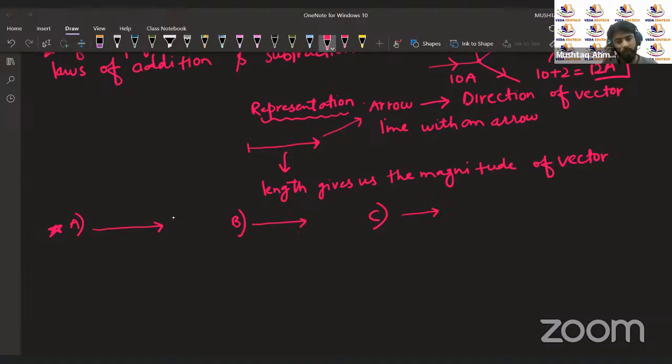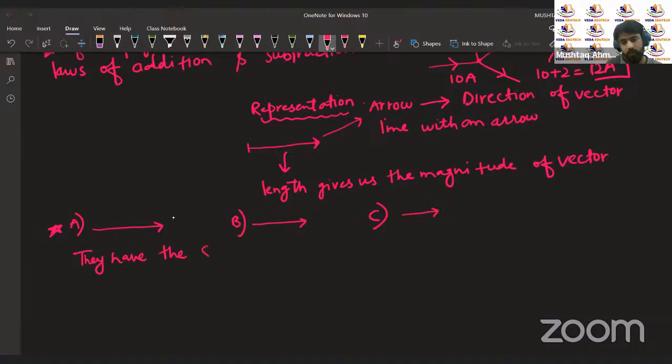And one more important point is that the arrowheads of all these three vectors are directed along the same direction. So we can say that they have the same direction.